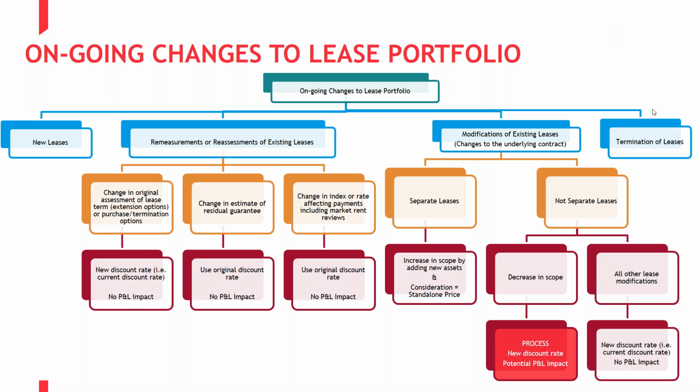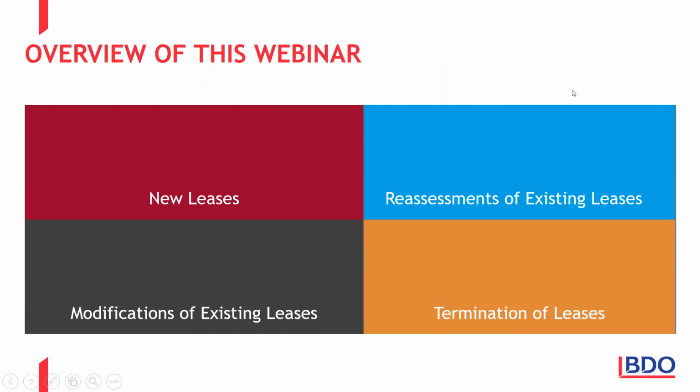So what we'll be doing today is we'll look at the sections here, and we'll start on the left-hand side with new leases. We'll work through each blue category, and we'll end with termination of leases. So in this webinar, we look at new leases, reassessments of existing leases, modifications of existing leases and termination of leases.